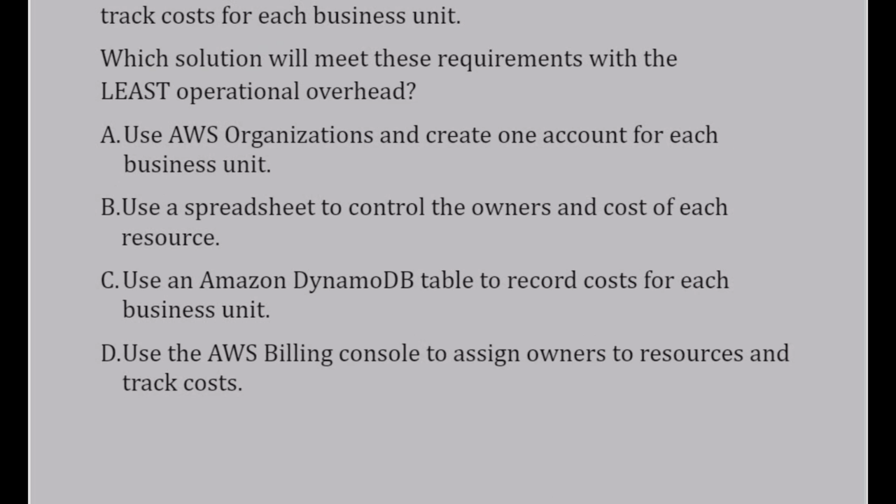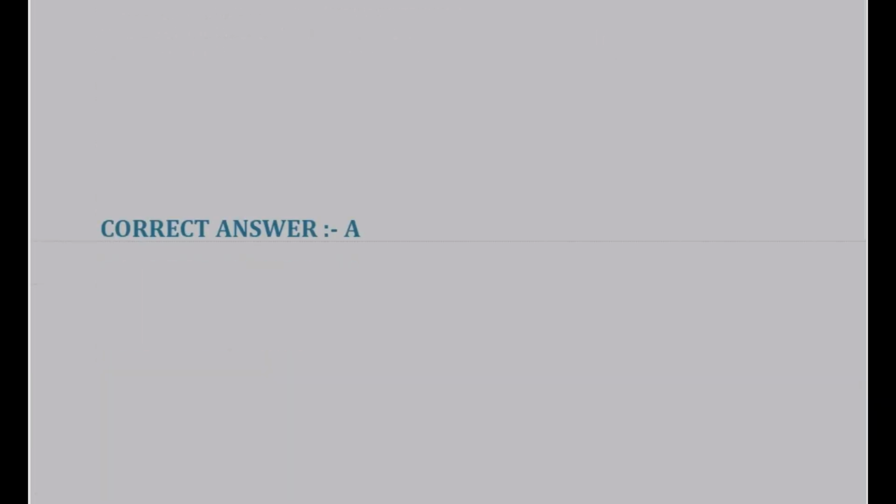Option B, use a spreadsheet to control the owners and cost of each resource. Option C, use an Amazon DynamoDB table to record cost for each business unit. Option D, use the AWS billing console to assign owners to resources and track costs. Correct answer is option A.